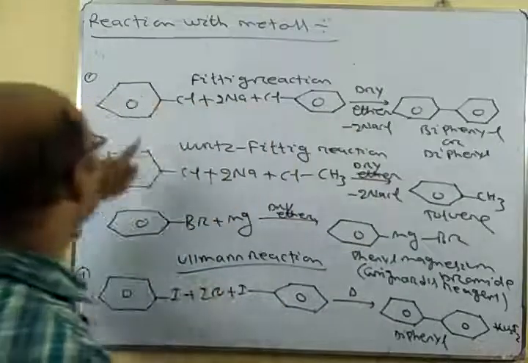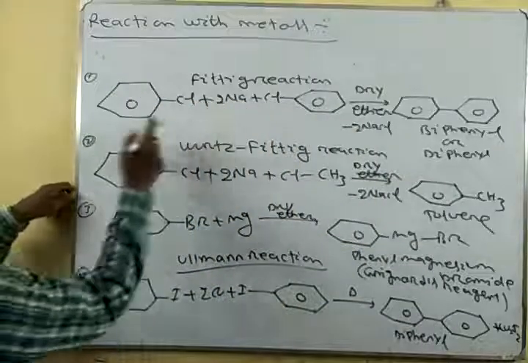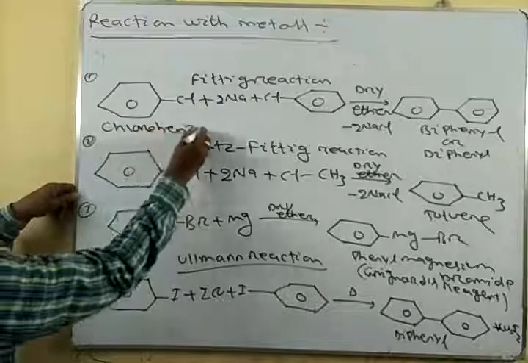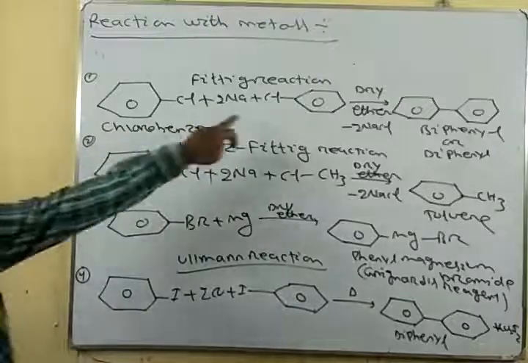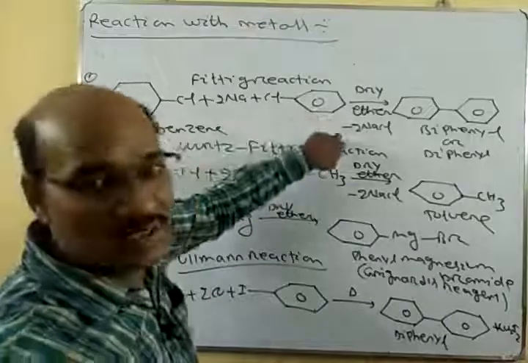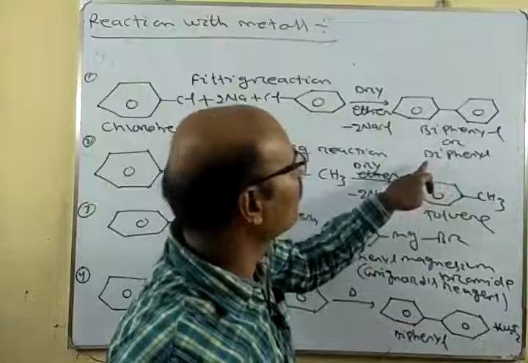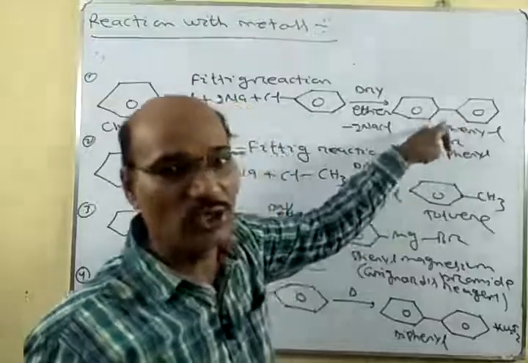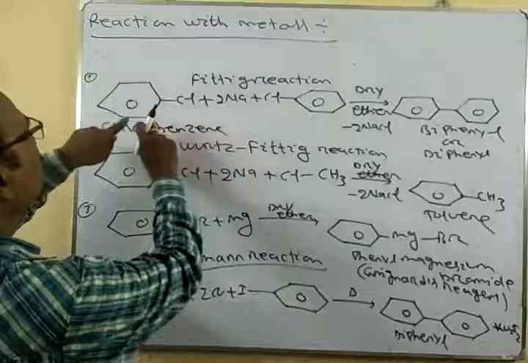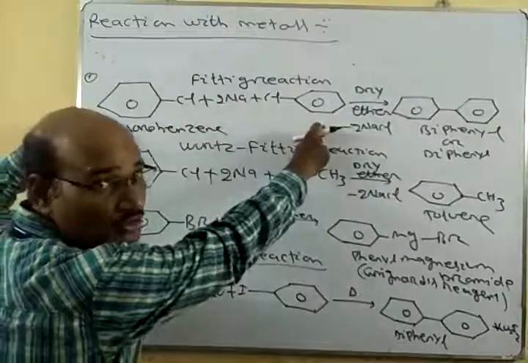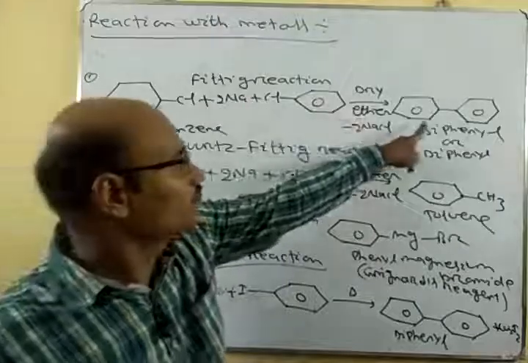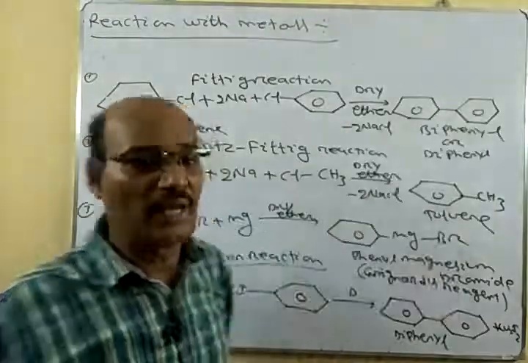Similarly here, see the haloarene, this is chlorobenzene, reacting with sodium metal, 2 molecules, in dry ether gives biphenyl or diphenyl. This is called the Fittig reaction. So 2 haloarene molecules react with sodium metal in dry ether to give biphenyl.